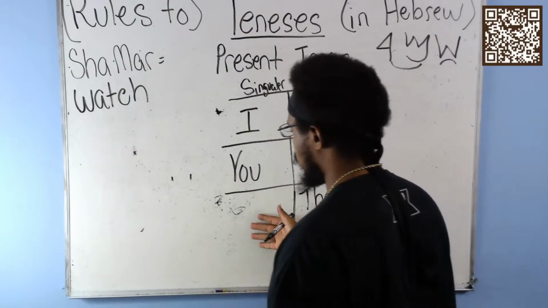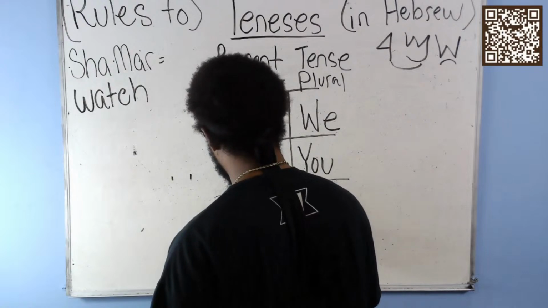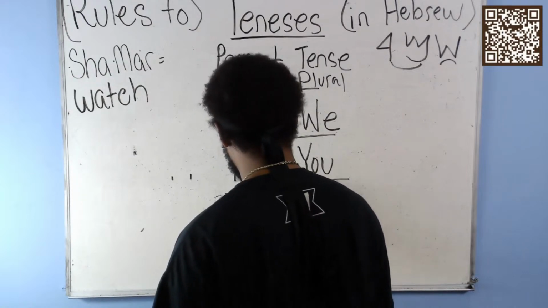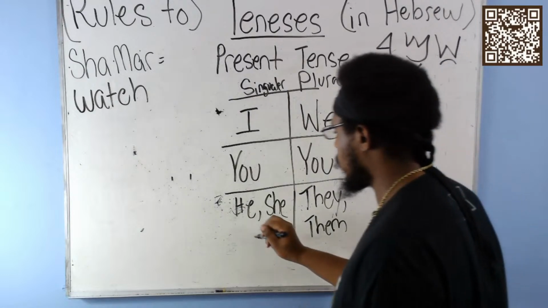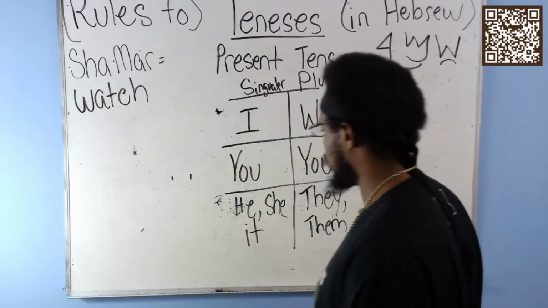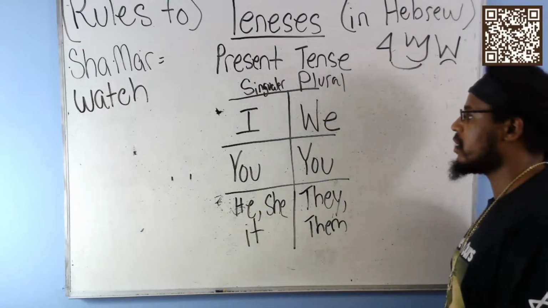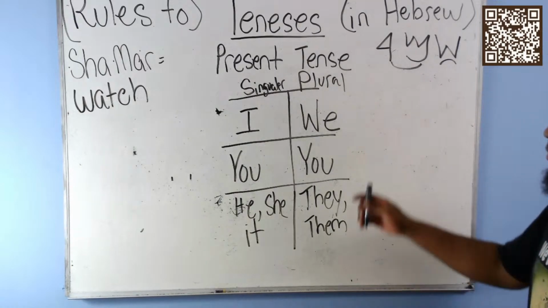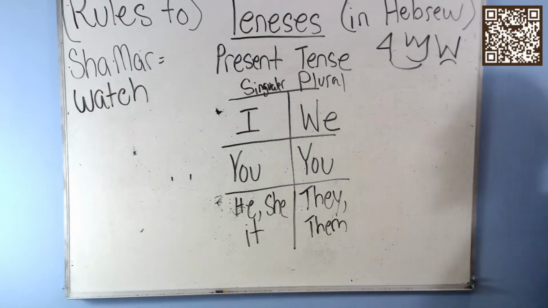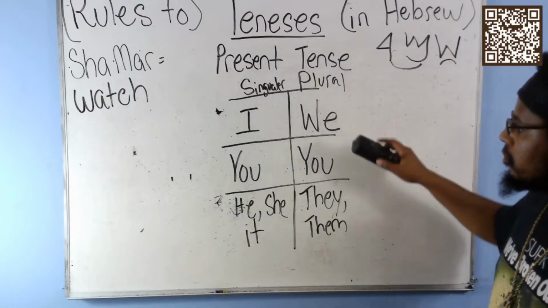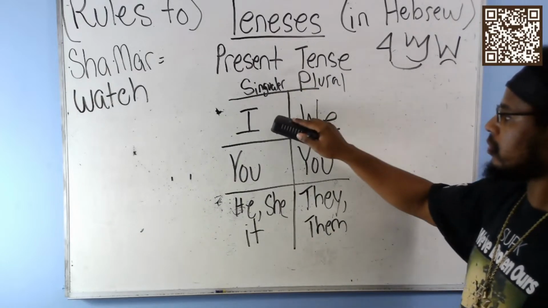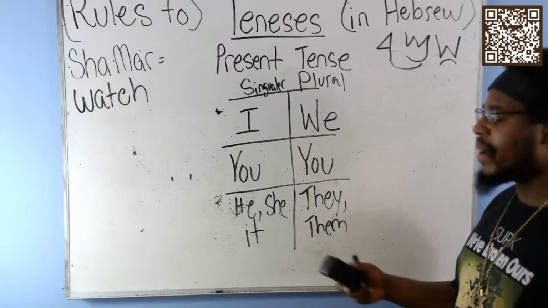And then we have he, she. Right? So they may have it in there. But this is what I was trying to describe. Then we have singular, we have plural. And then we have masculine and feminine.